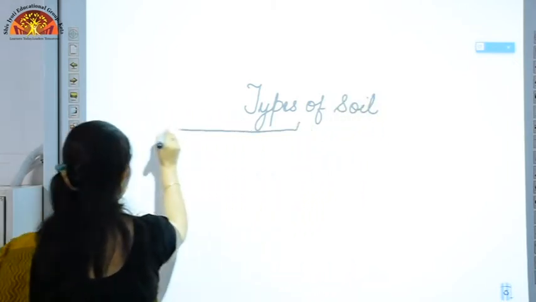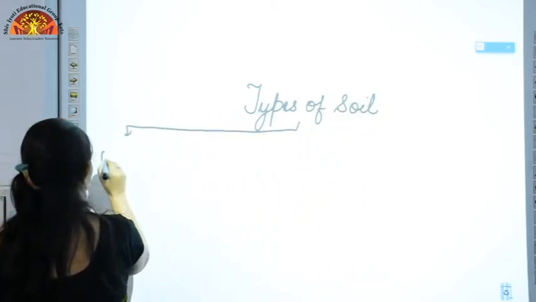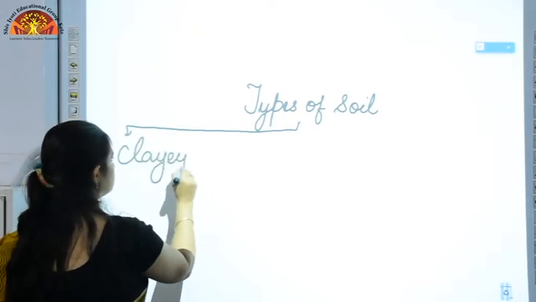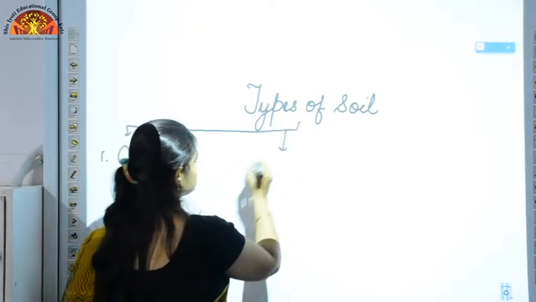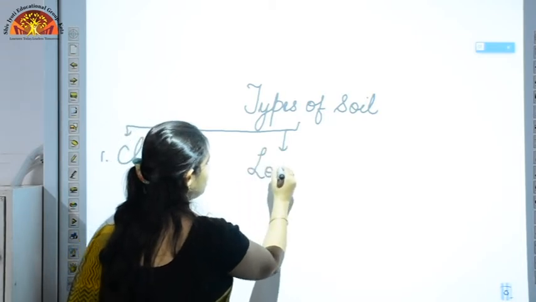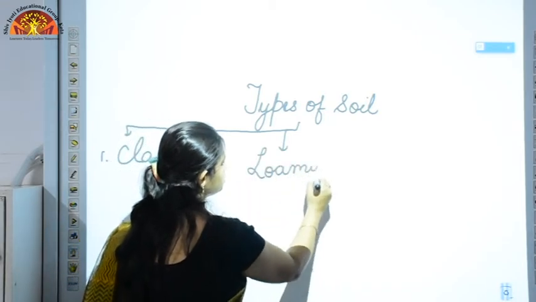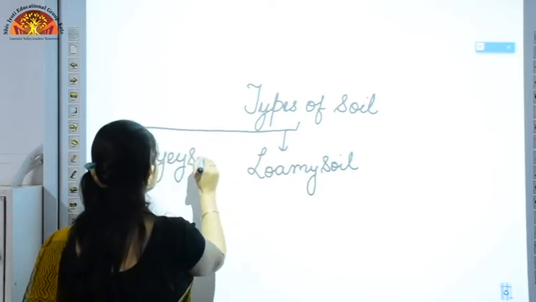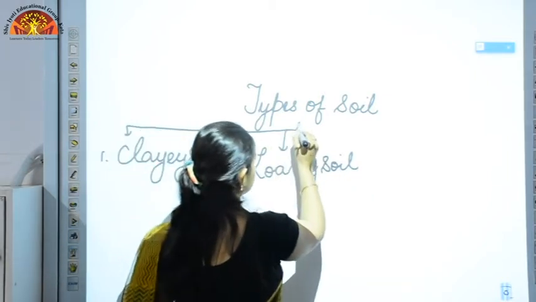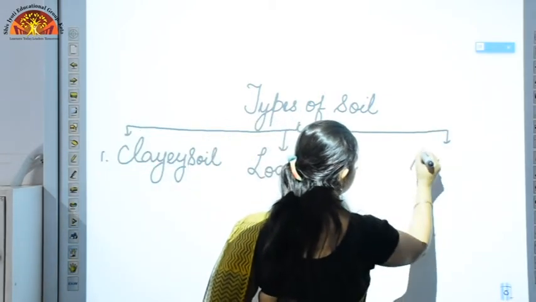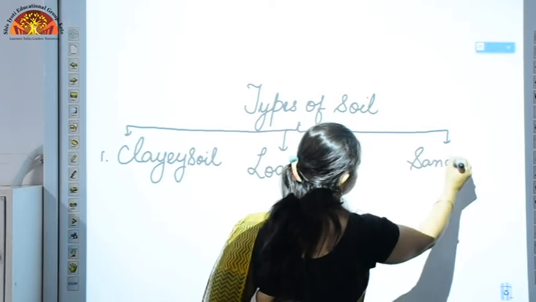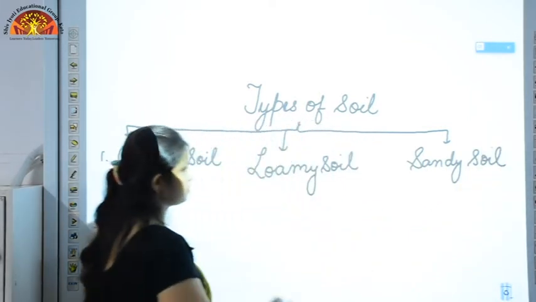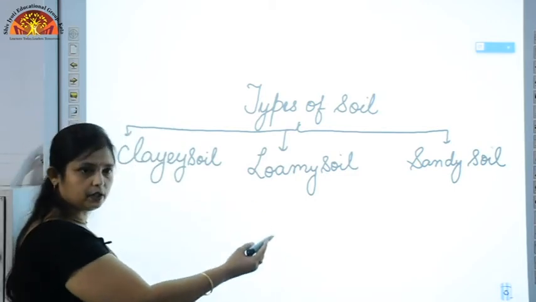These three types are, first, clay soil, second, loamy soil, and the third type is sandy soil. Now, there is a difference between all these three types.